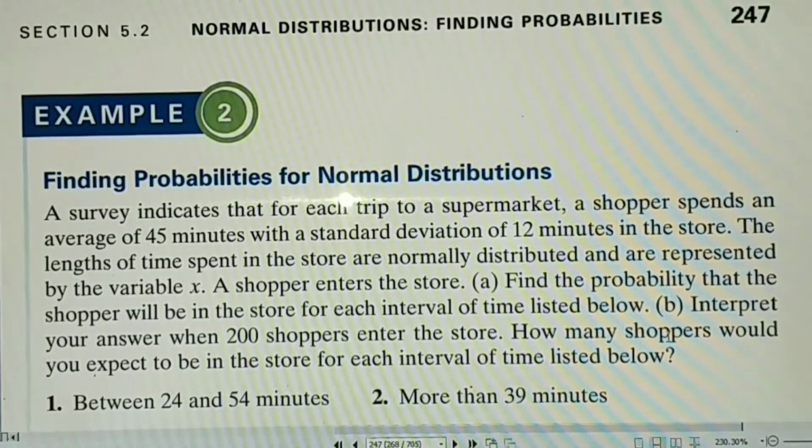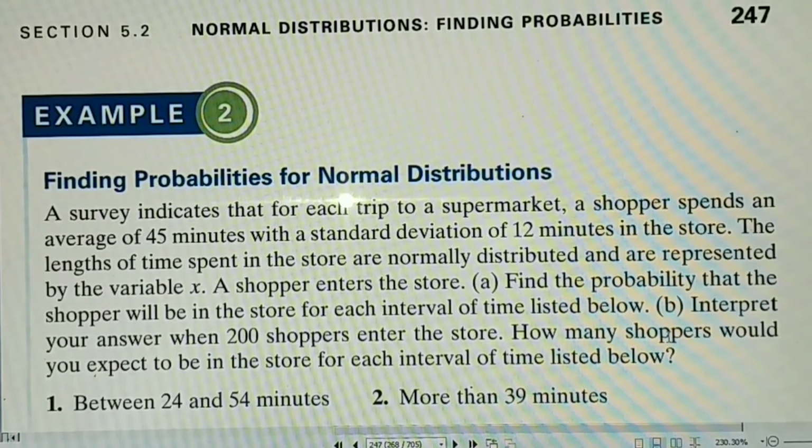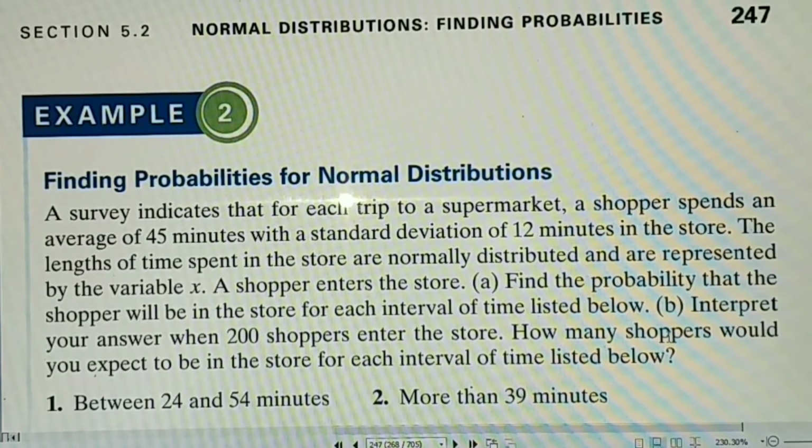So let us take this example. A survey indicates that for each trip to a supermarket, a shopper spends an average of 45 minutes with a standard deviation of 12 minutes in the store. The length of time spent in the store are normally distributed and are represented by the variable x.